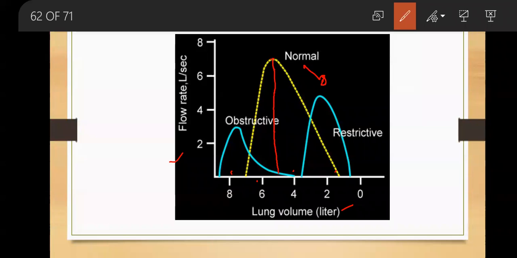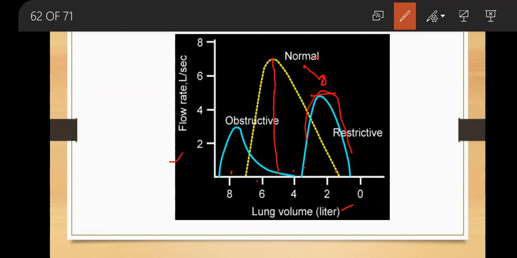While in restrictive diseases, there is an intrinsically low lung volume, and the flow rate cannot peak to a higher value because there is inherently a low lung volume, but the slope is normal.